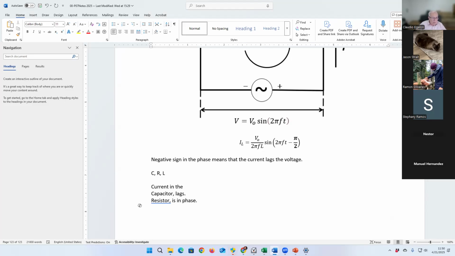No, sorry. Current in the capacitor leads, in the resistor it is in phase, and in the inductor it lags. Can you remember that? So that's an easy way to remember. The capacitor is the simplest device that you're going to see out there.